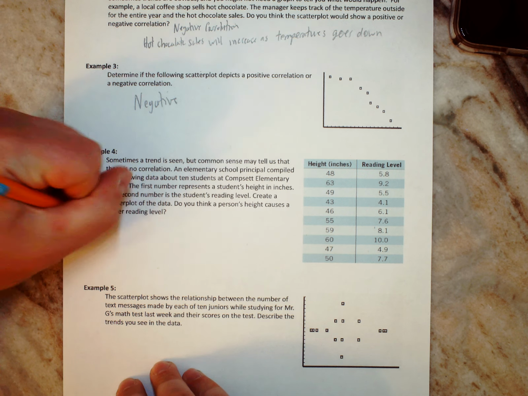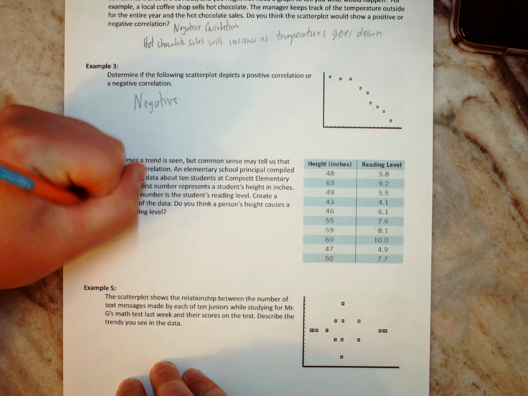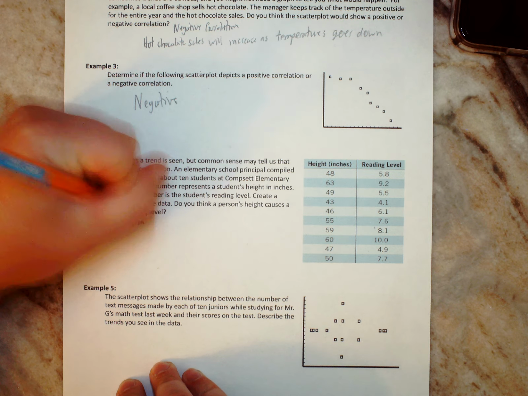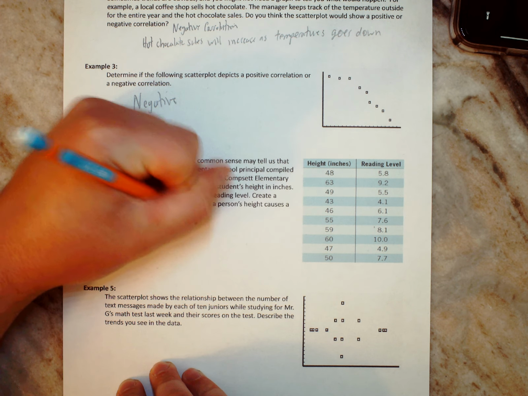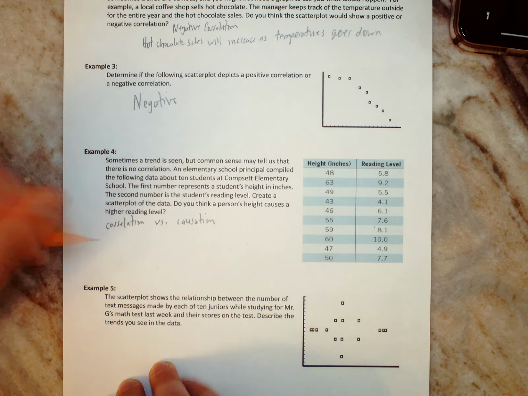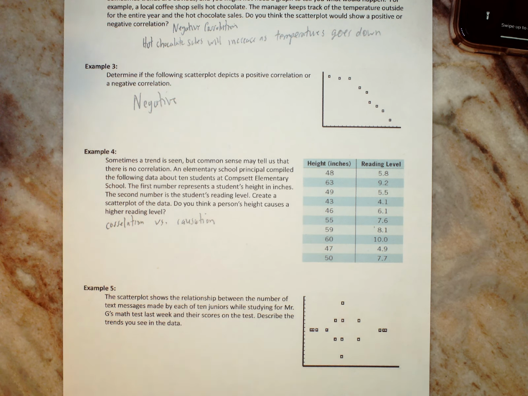So this is the difference between correlation versus causation. So are the variables correlated? If they're correlated, they're associated in some way, but the student's height does not cause the reading levels to be a certain value.